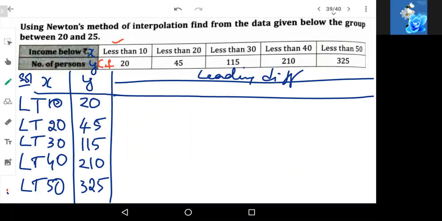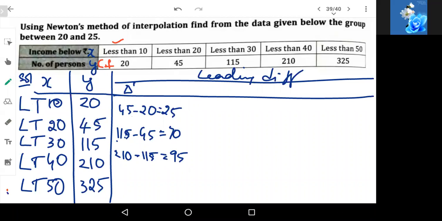Now let us find out the leading differences. The first leading differences will be between 45 and 20. So 45 minus 20 will give us 25. Next, 115 minus 45 is 70. Then 210 minus 115 is 95. Then 325 minus 210 is 115.